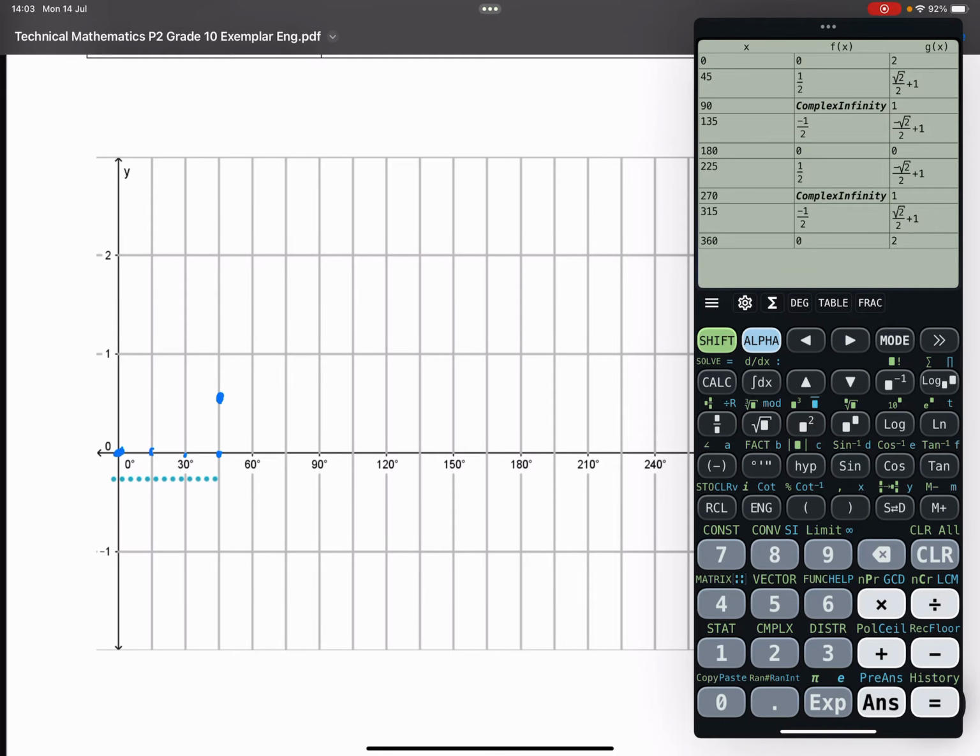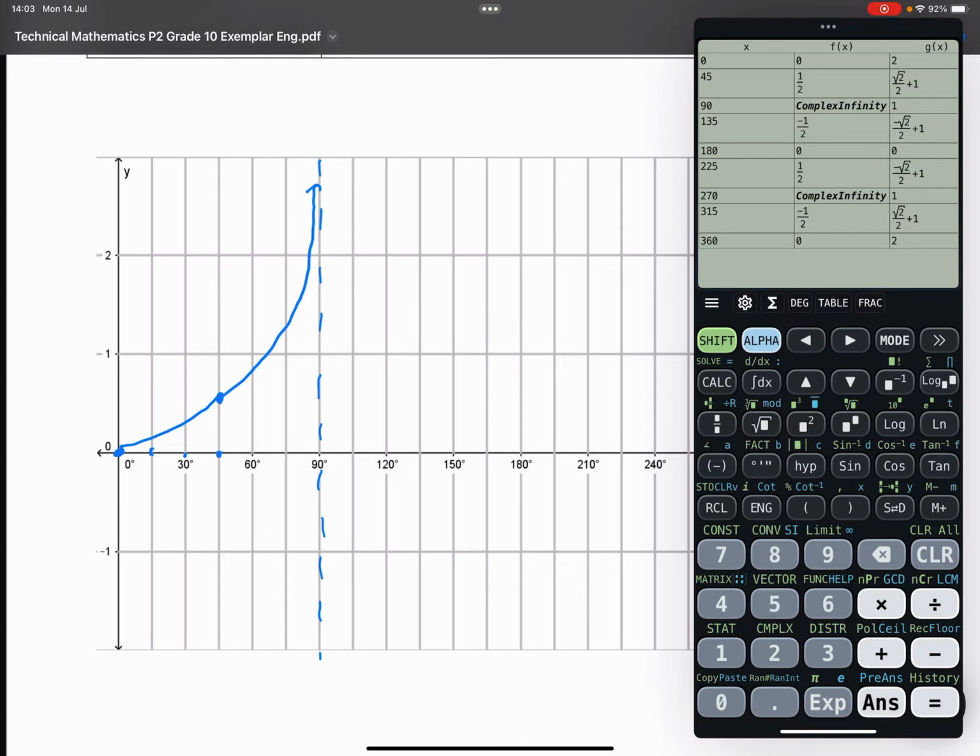And I know that at 90, you can see that it says complex infinity. So what does that mean for our tan graph? This is where our asymptote would be. It's better for neatness for you to just use a ruler. So I'm just going to draw it like that.